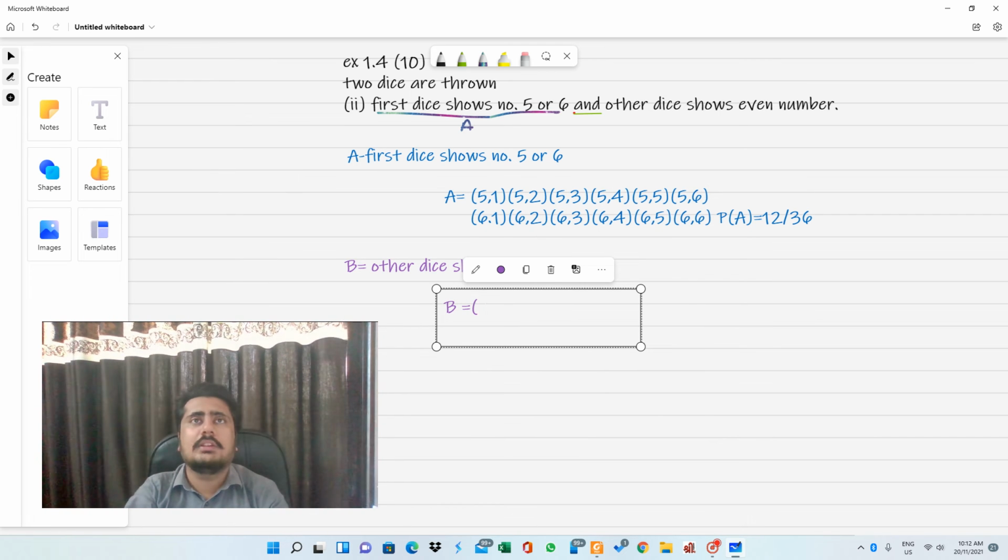Other die shows even number, that means the second one will matter. Second die shows the even number. So even numbers means it's 2, 4, 6. But I am talking about only the second number. So it's 1 2, then 1 4.